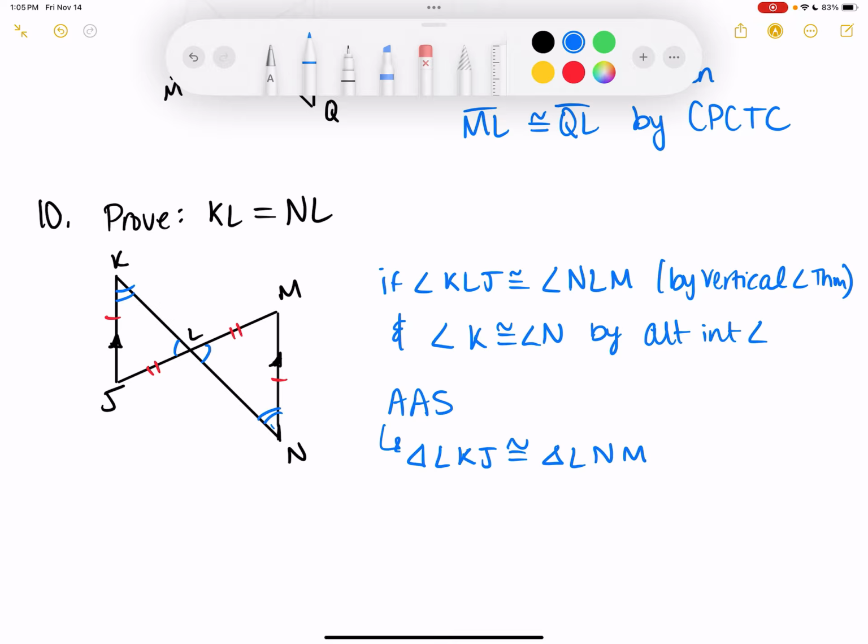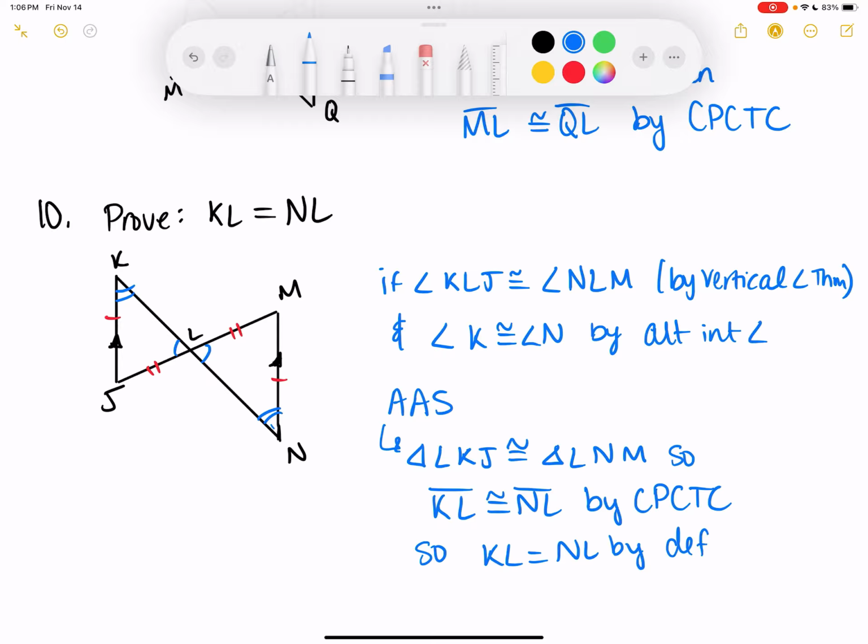So KL is congruent to NL by CPCTC. However, that's not what they asked me to prove. They asked me to prove that they're equal. So KL is equal to NL by the definition of congruent segments.